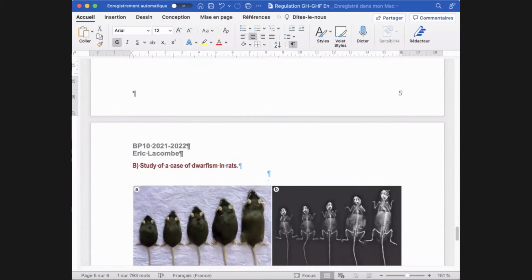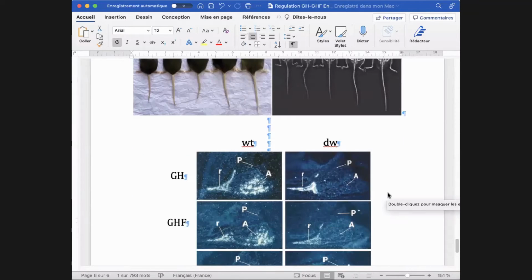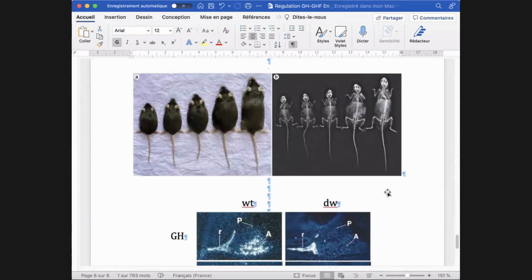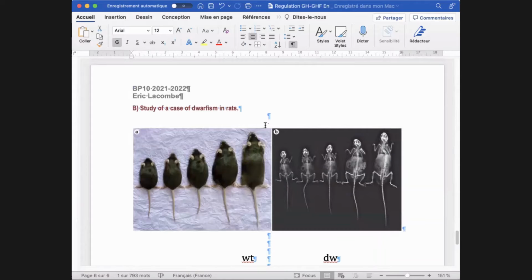Just to finish this exercise, because after that we go back to the mRNA analysis, and we'll make a little drawing. There is a case study. This is part B, okay? It's a study of one case of dwarfism in rats.